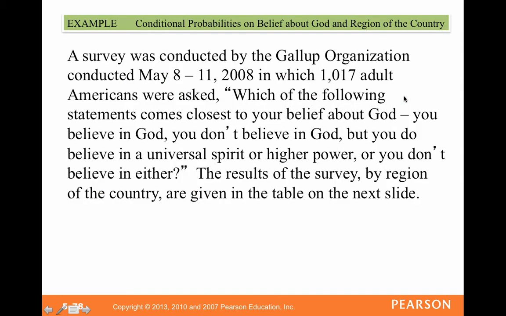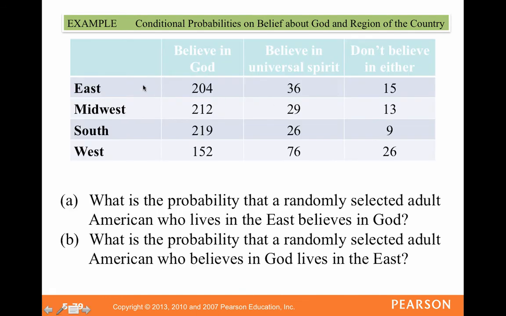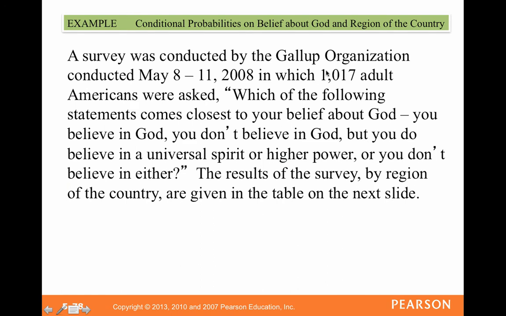So let's look at this table here. People were asked what region they lived in, and whether they believed in God, believed in a universal spirit, or didn't believe in either. The numbers were broken down by regions in the country. The total is, we surveyed 1,017 adult Americans.